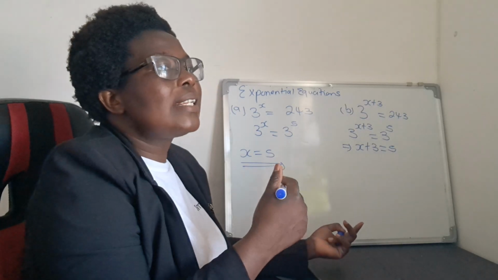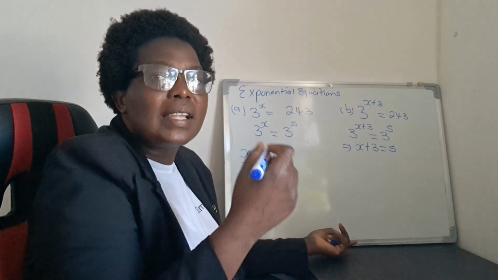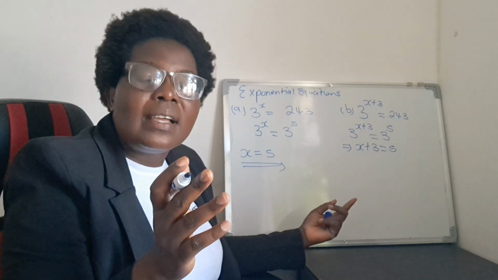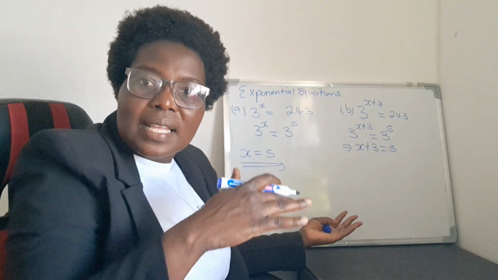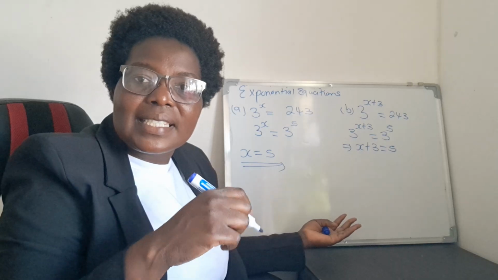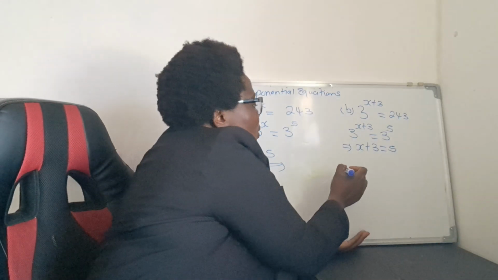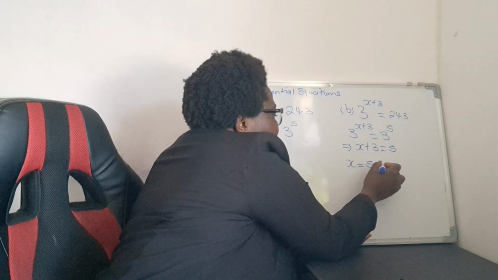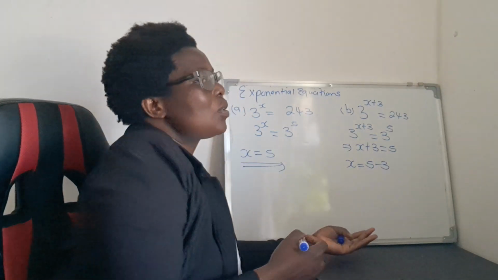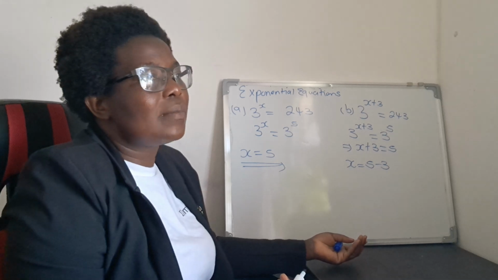Remember, we said if a number crosses the equal sign, the sign it carries changes. So therefore it's going to be x is equal to 5 minus 3. Why? Because we have to group like terms together.